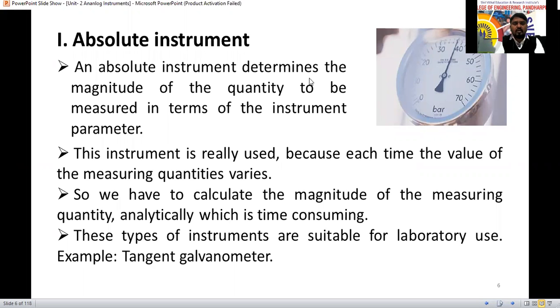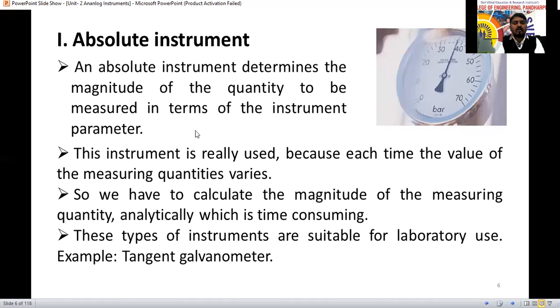So an absolute instrument determines the magnitude of the quantity to be measured in terms of the instrument parameter. Suppose we want to measure voltage, it does not give it in volts, only in terms of the instrument parameter. Later we have to convert that into volts.